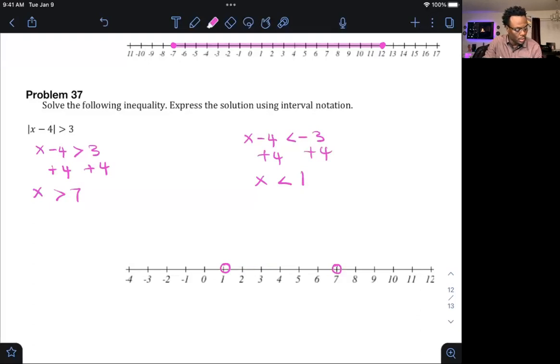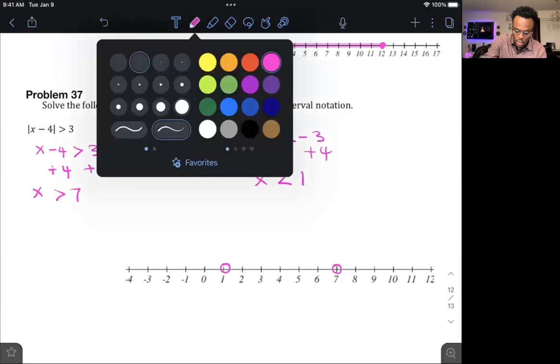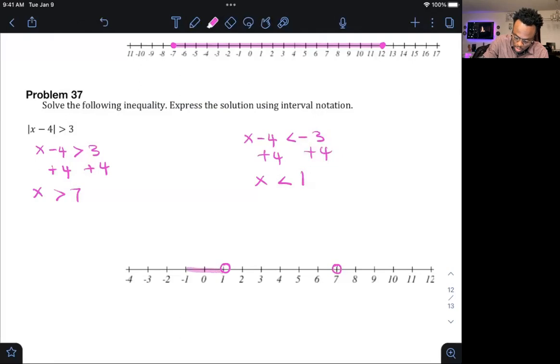Your solution will be, that's number 37, right? So your solution will be everything on the outside, because all the solutions will be less than the value 1. So from negative infinity to this value. And then all the solutions will also be greater than 7.